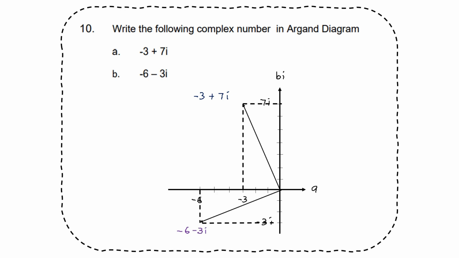We may also annotate this one as Z1. So if we have Z1 here, we can label it as Z1 only.